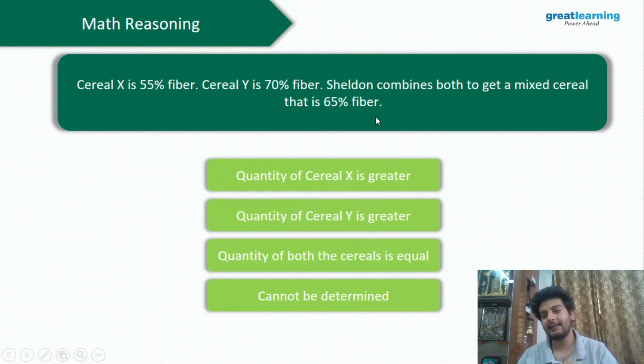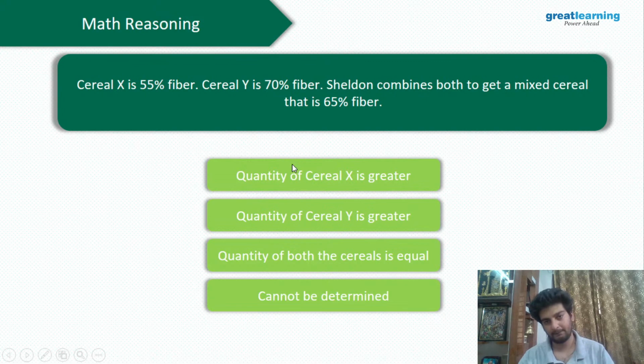So here you would see that in the mixed cereal, the fiber percentage is 65%, which is greater than 62.5%. So the mixed concentration has a higher value than what it is supposed to be. So that is why you would understand that a greater quantity of cereal Y has been mixed into this.